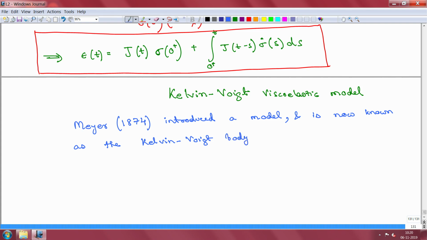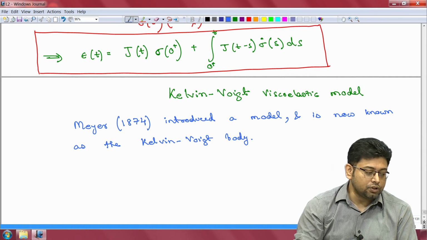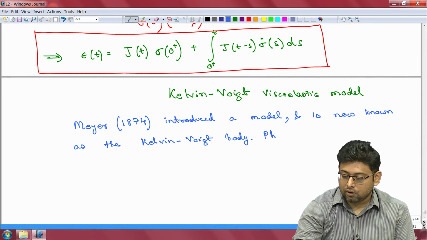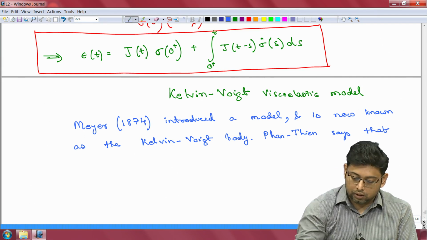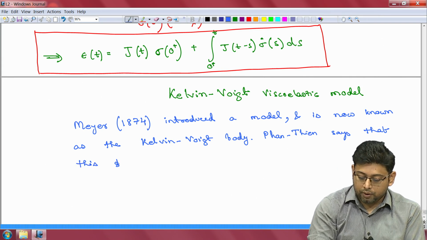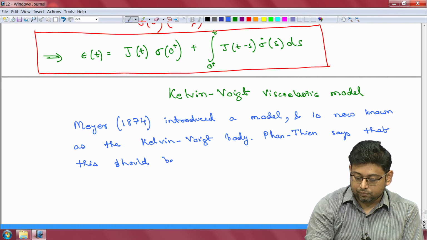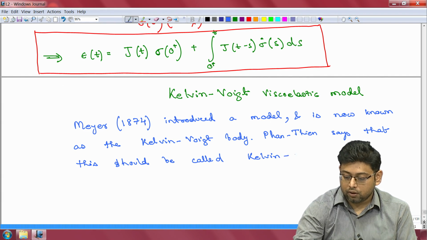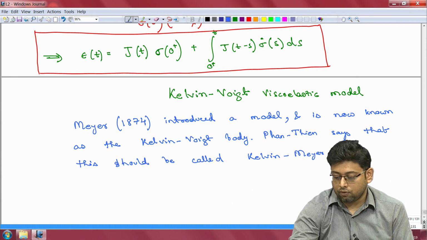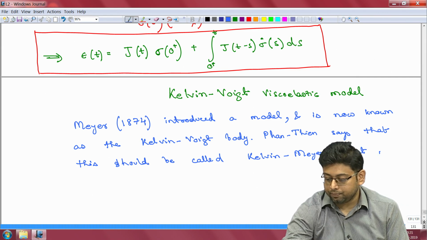As for the name, unfortunately, Mayer's name is missing, but Van Thien in his book Understanding Viscoelasticity clarifies that this should be called the Kelvin-Meyer-Voigt model.